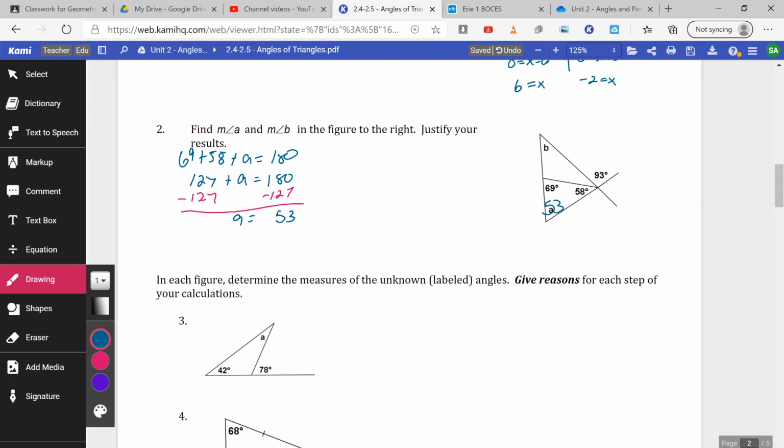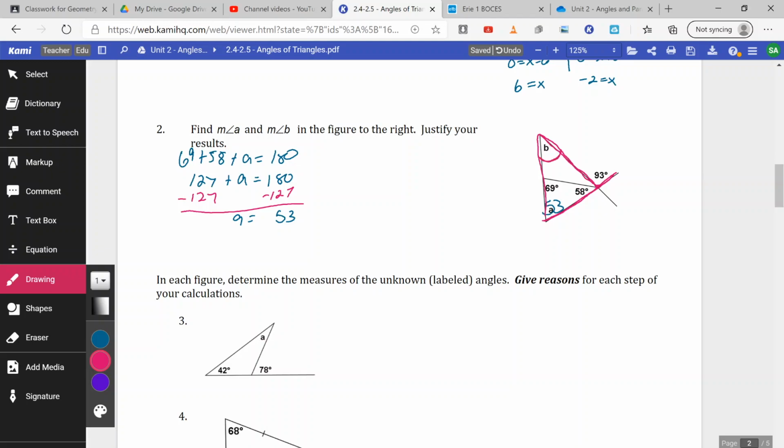So 93 is on the outside, so it follows that I want the triangle, and again, I always follow the two lines. So 93 comes down here, then it goes off. So I'm looking at the large triangle. 93 being on the outside, it's going to be equal to the sum of the two far angles.